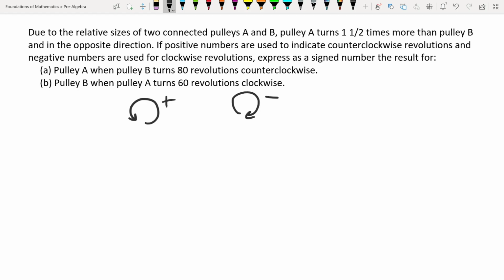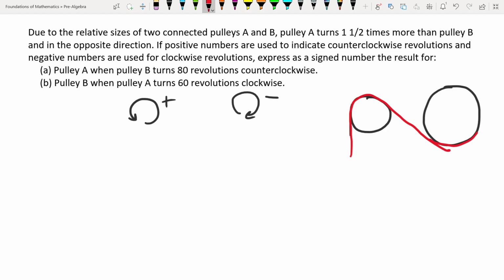Okay, to kind of give you an idea of what we're looking at here, we're looking at two pulley systems where A is going to be smaller than B. Now obviously my drawing is not going to be to scale, but it's going to look something similar to this. And then we think about a rope that we have on this. I'm going to do it in red here. The rope's going to go over A and then down and around B like this.